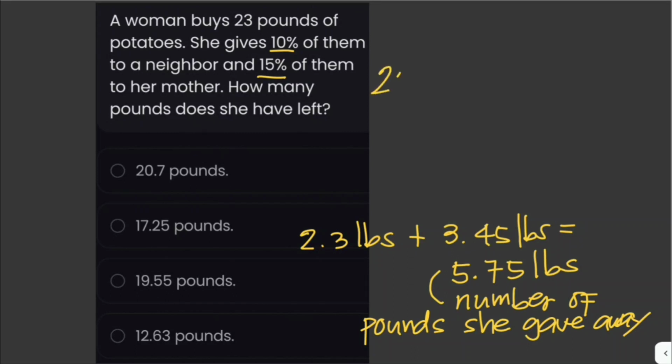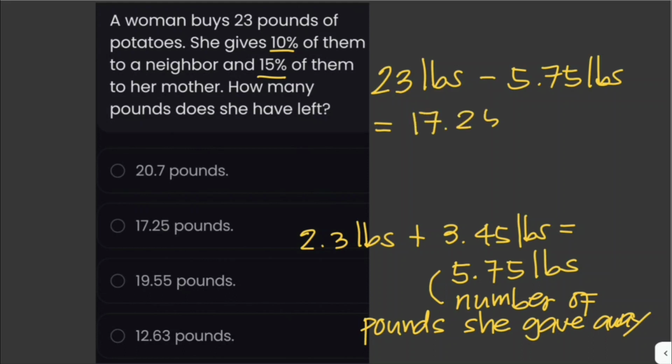So that would be 23 minus 5.75, and this would give us 17.25 pounds. So this is the number of pounds of potatoes that the woman has left. So this is our answer here.